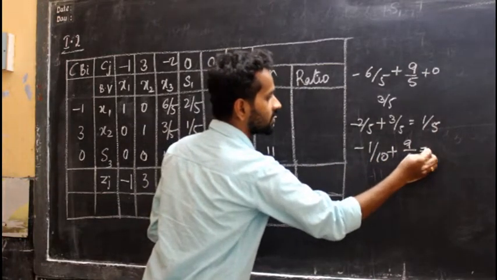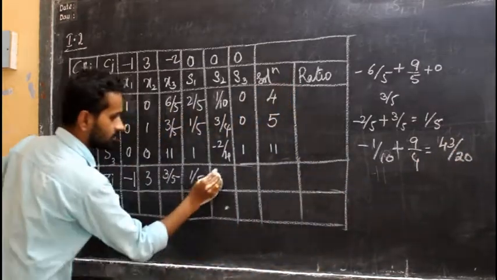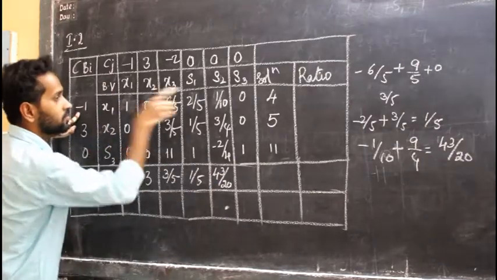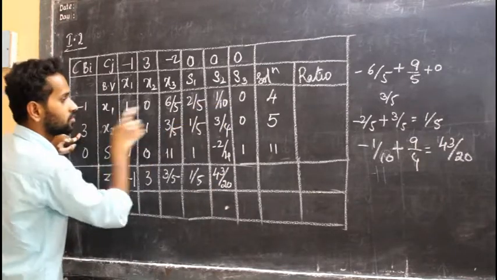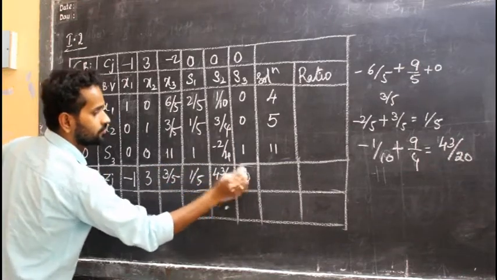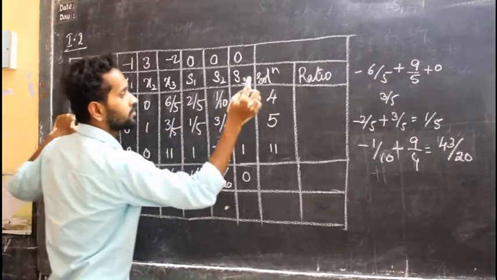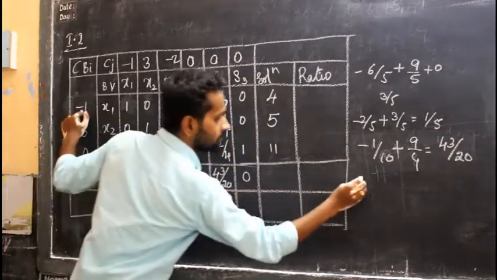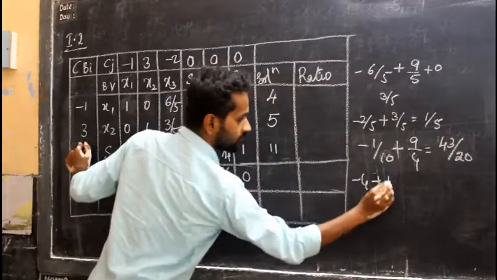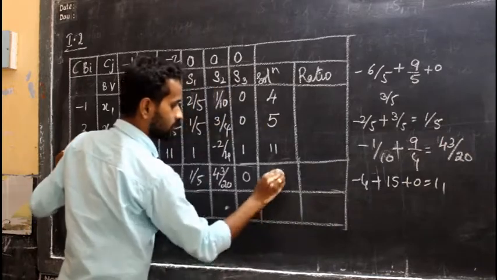I am getting solution as 43 by 20. So I replace here 43 by 20. And minus 1 into 0, 0, plus 3 into 0, 0, plus 0 into 1 is 0. Is it clear? Now solution. Minus 1 into 4, minus 4, plus 3 into 5, 15, plus 0. Solution is 11.